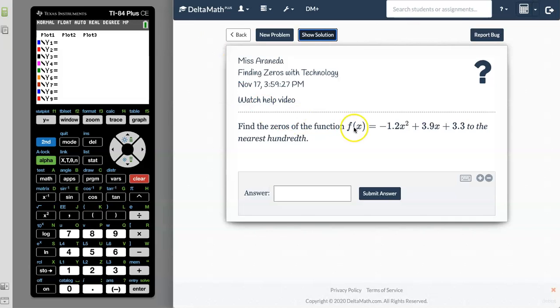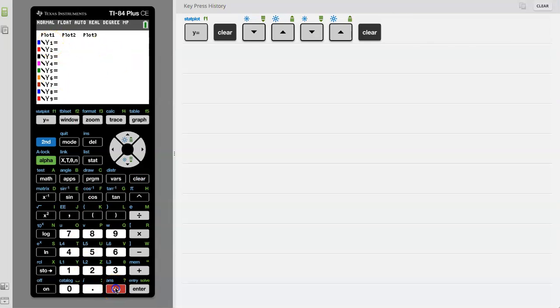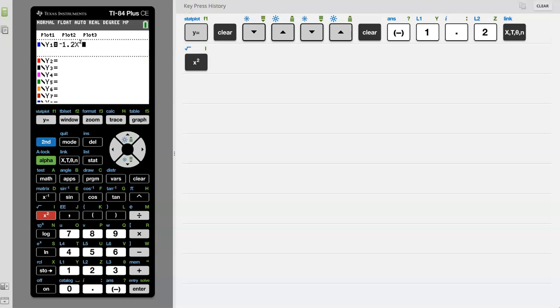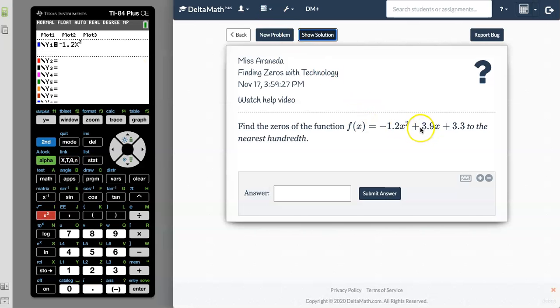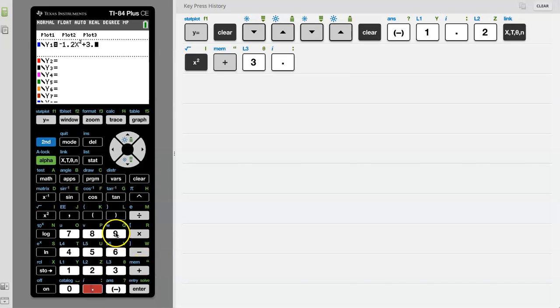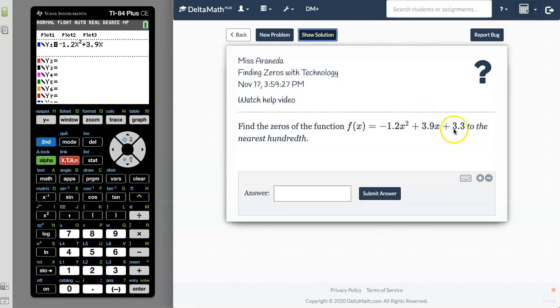All right, so we're going to plug in this function right here. Now, where they have f of x, that's the same thing as y. So we're going to plug in negative 1.2 x squared, and then plus 3.9x, and then plus 3.3.